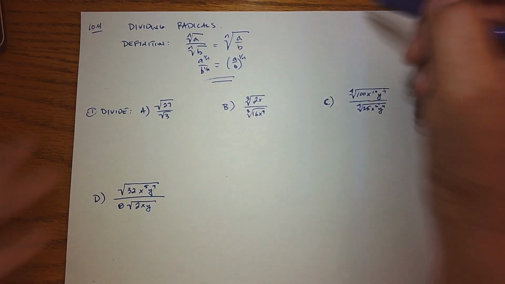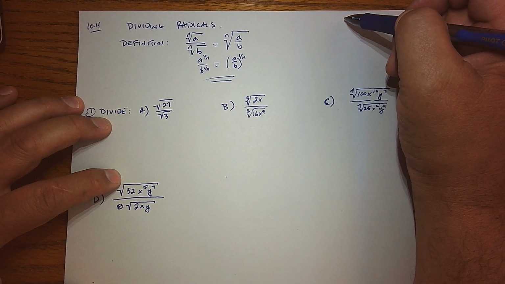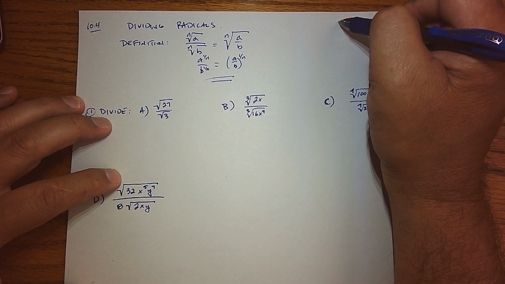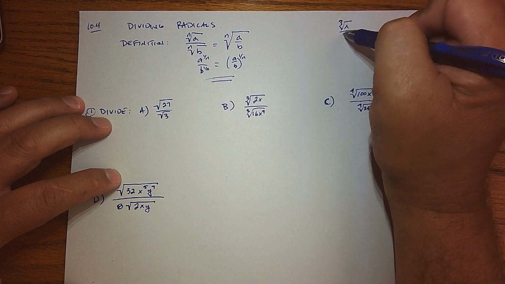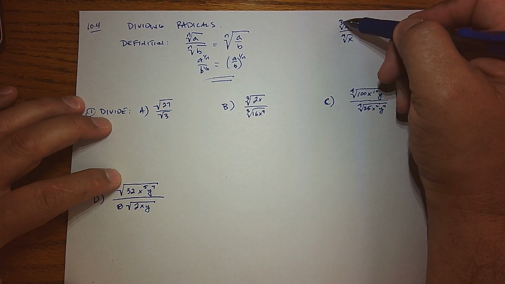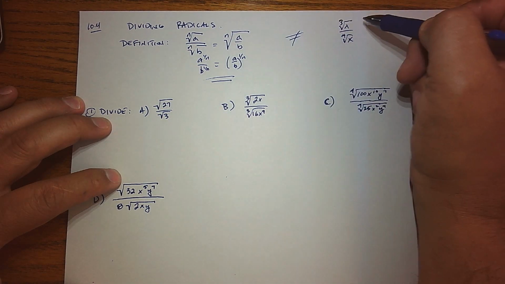What I also want to call to attention, earlier, I think it was in 10.2 or somewhere in there, we do have problems if we have something like the cube root of x divided by the fourth root of x. Notice that the indices are not the same, so this does not apply.